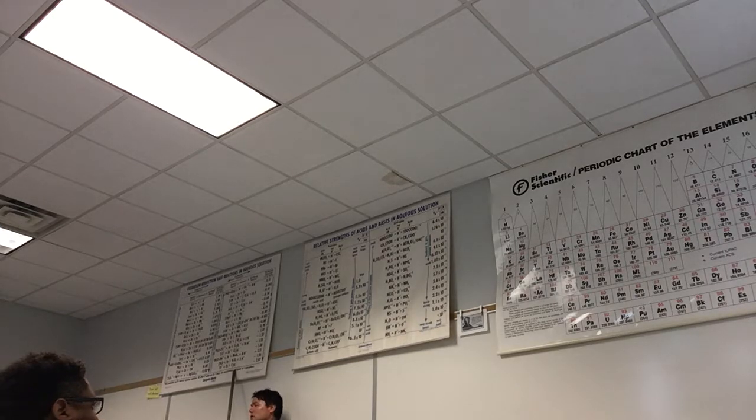What likes to lose electrons? Reducers. What are some good reducers? What's quite reactive in losing electrons? Group 1 metals. Where are the group 1 metals? They're all over here. This is called the activity series. Lithium, rubidium, potassium, sodium.